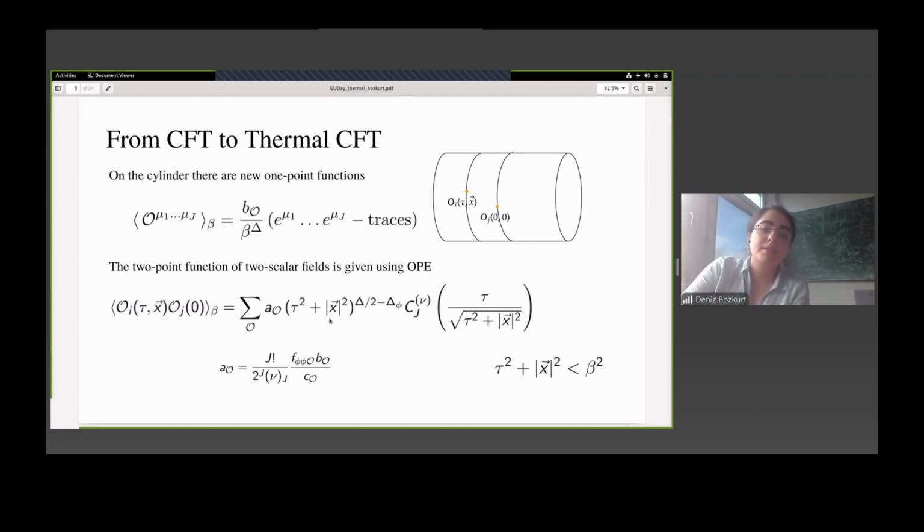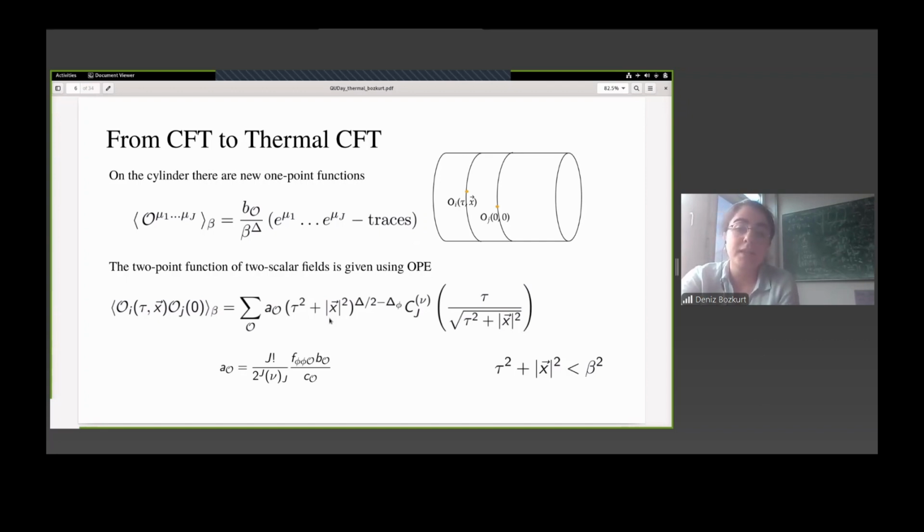But still, the form of these 1-point functions is very constrained. In particular, it has to be a constant, which for each operator that gains a 1-point function we call b_O. And then we also have the contribution of the inverse temperature depending on the scaling dimension.